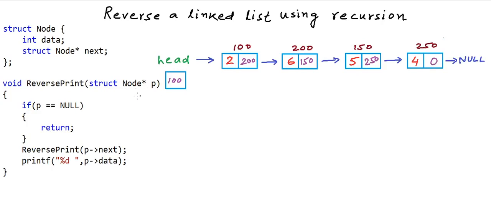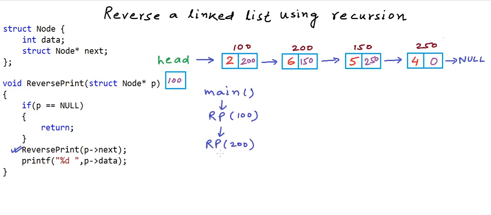Initially we pass the address of the head node, and we have this exit condition. If the address passed is null, then we simply return, else we make a recursive call and pass the address of the next node. So the main method will typically call reverse print, passing it the address of the head node, and this will first make a recursive call, and then when this recursive call finishes, only then it will print. I'm writing RP as a shortcut for reverse print.